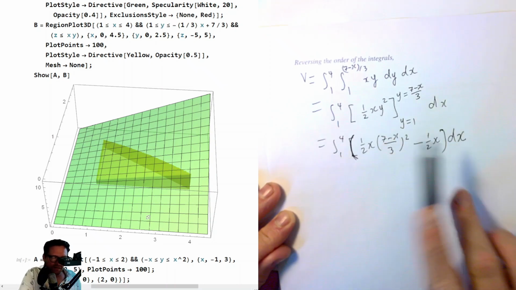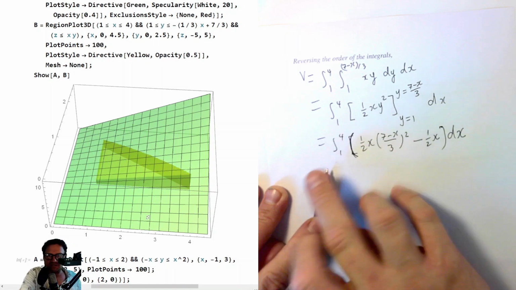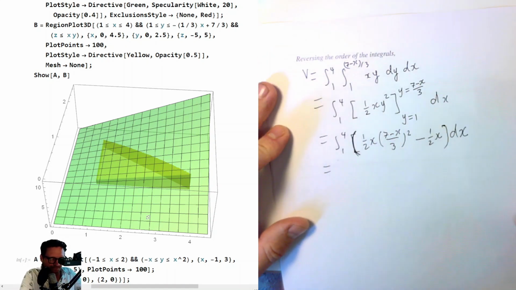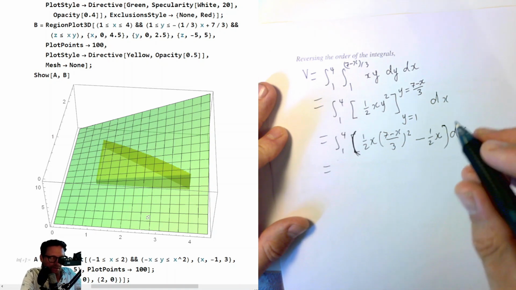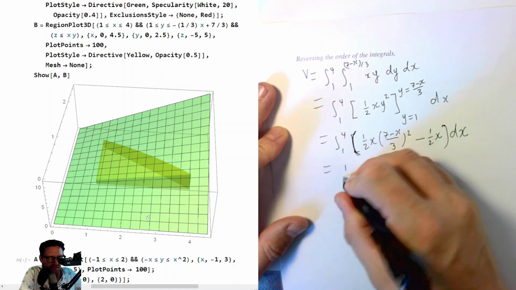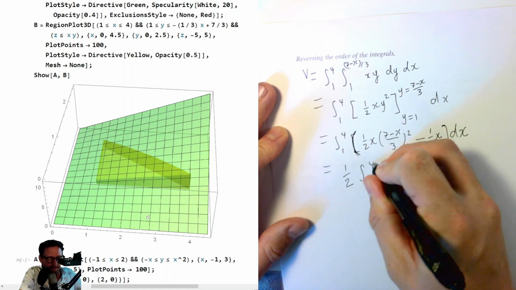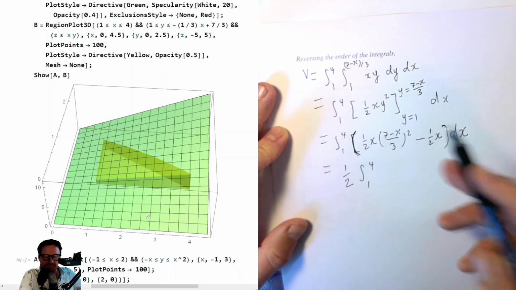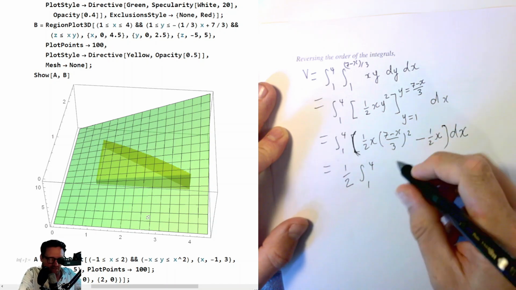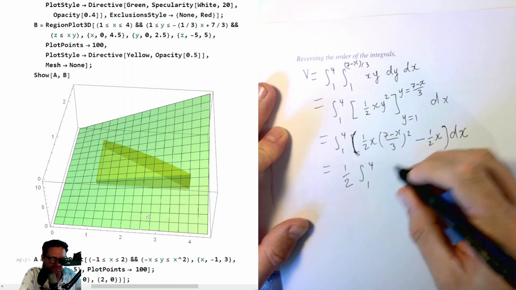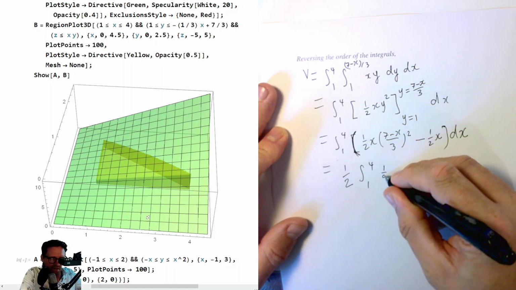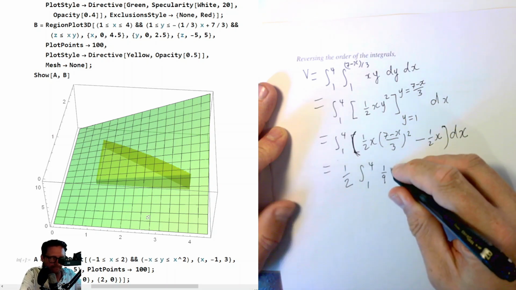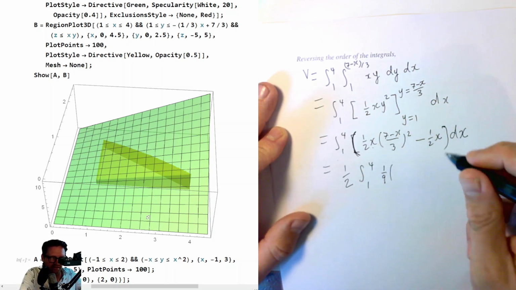Okay, there's a common 1/2. I can bring that out the front, which would make the calculation look a little bit easier. So squaring 7 minus x, and then it's all over 9 because 3 squared is 9. So we have 1/9. 7 squared is 49. Then it gets multiplied by x.